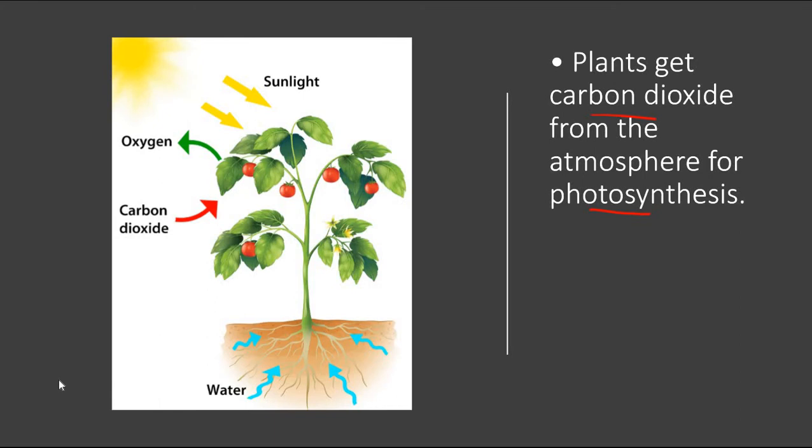Photosynthesis is the process through which oxygen and glucose, also energy, is produced by a green plant in the presence of sunlight and chlorophyll once it absorbs carbon dioxide and water vapor. That is photosynthesis. So plants absorb this carbon dioxide, which is released when animals breathe out, in order to carry out photosynthesis. So this is also another function of the atmosphere.